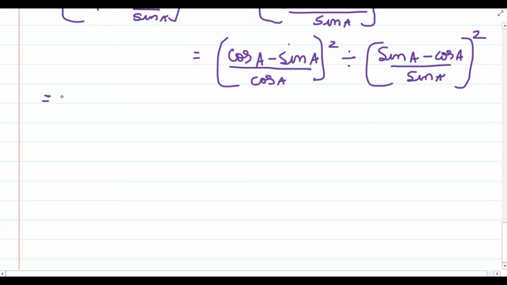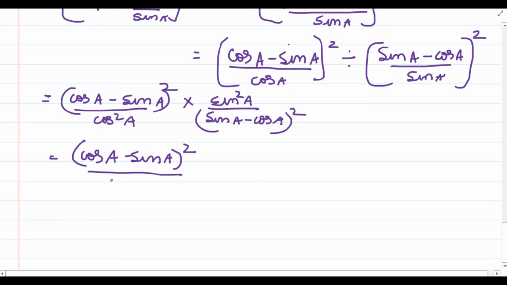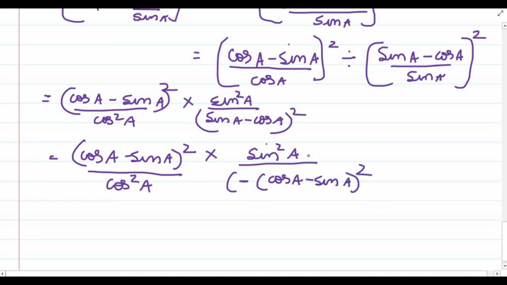So this I can write as cos A minus sin A the whole square divided by cos square A into sin square A divided by sin A minus cos A the whole square. So which is equal to cos A minus sin A the whole square divided by cos square A into sin square A. Now if I take the minus sign outside, I can write cos A minus sin A the whole square.